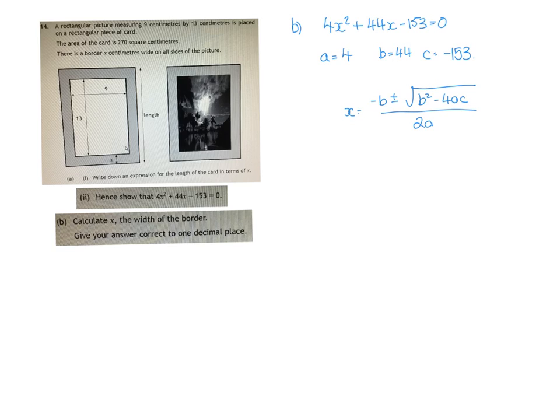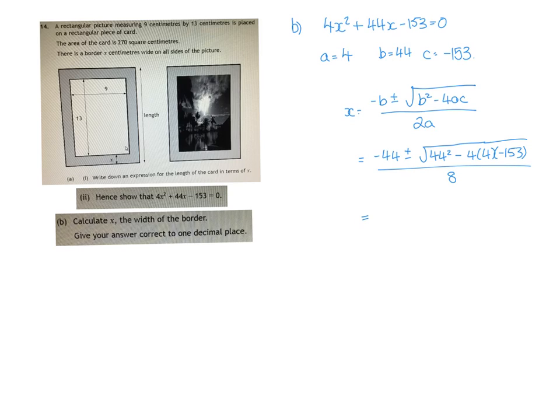Okay, we substitute our values in, we get negative 44 plus or minus the square root of 44 squared, take away 4 times negative 153, and that's all over 2 times a, which is 8.